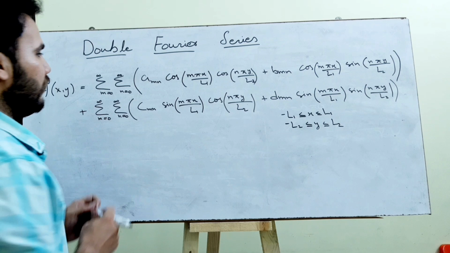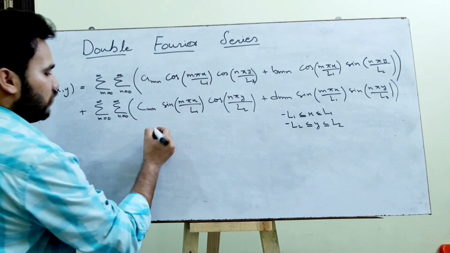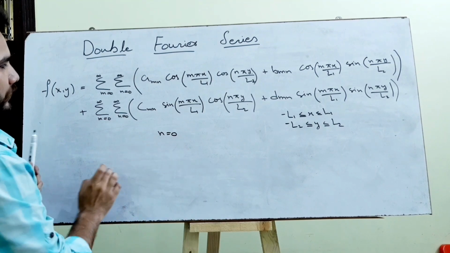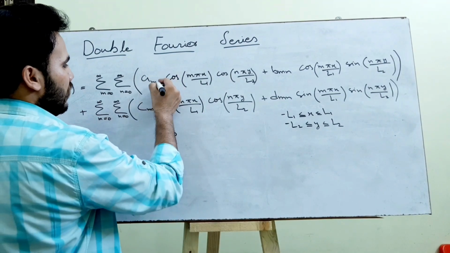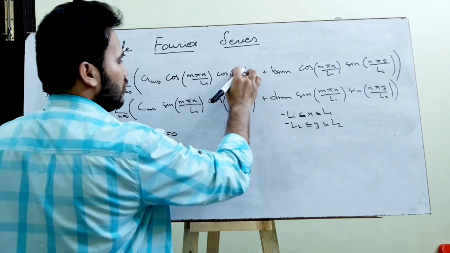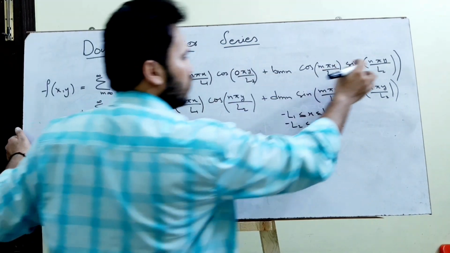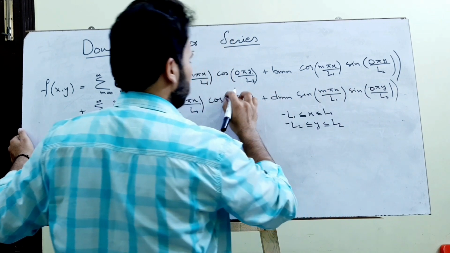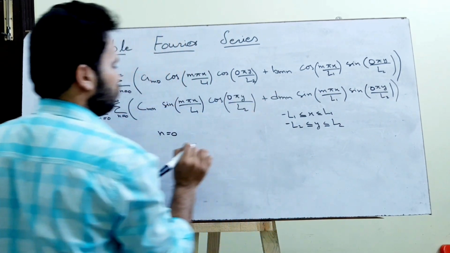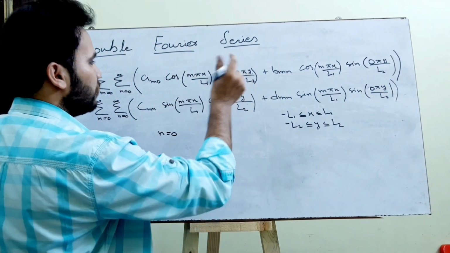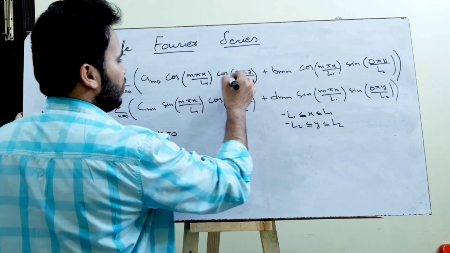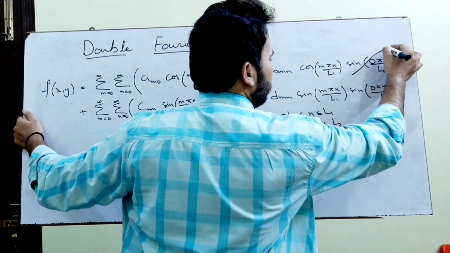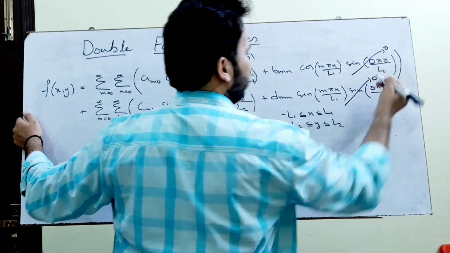So first, suppose that n equals 0. Then this is a(m0), and this is 0. Cosine 0 is 1, sine 0 is 0.